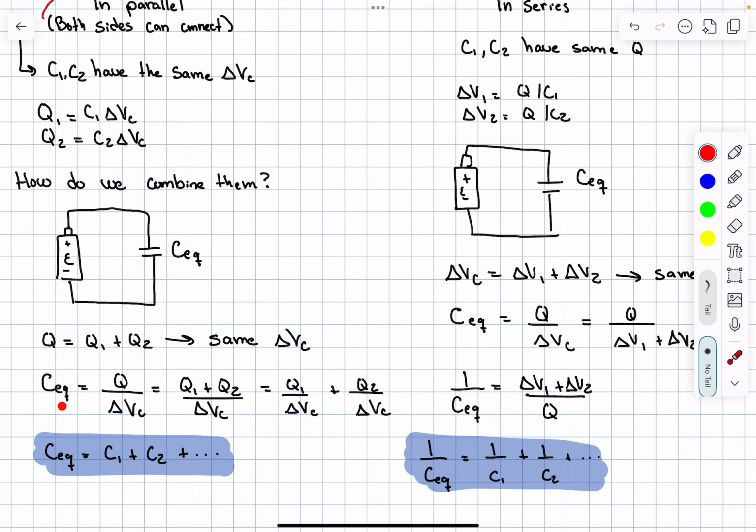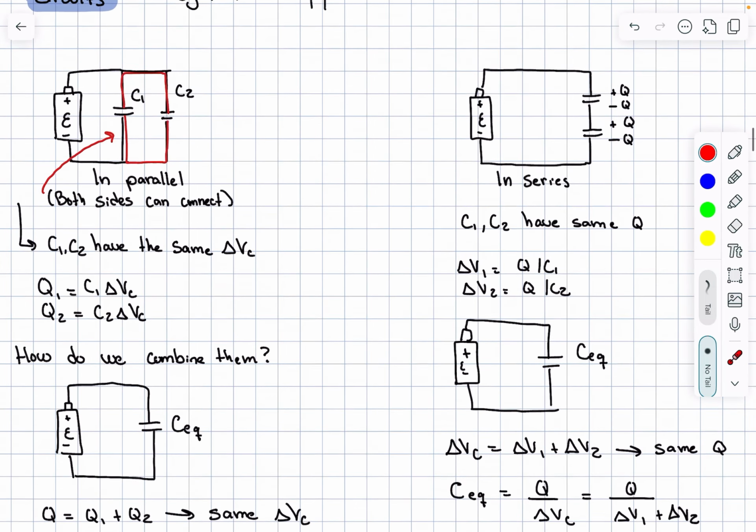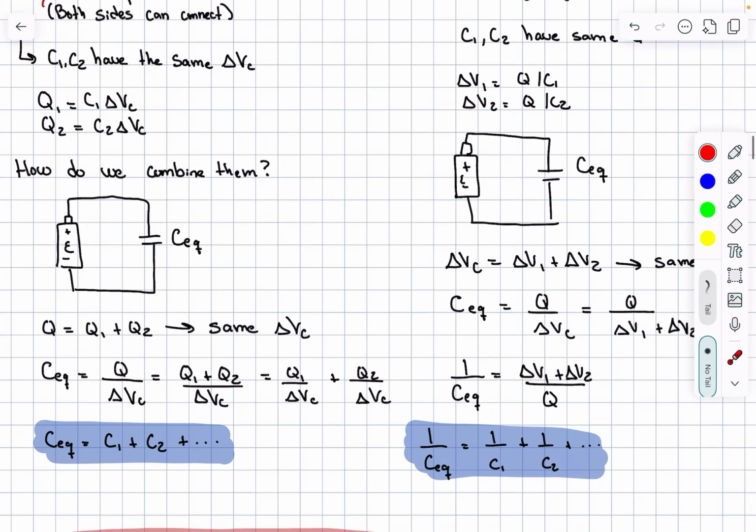The equivalent capacitance is equal to Q, the charge on that new capacitor, divided by delta VC, the potential difference of that capacitor. Now we know from here, well, they have the same potential difference, but they have different charges. So we're going to have Q1 plus Q2, that's how much total charge we have, divided by delta VC. So here we have Q1 divided by delta VC plus Q2 divided by delta VC.